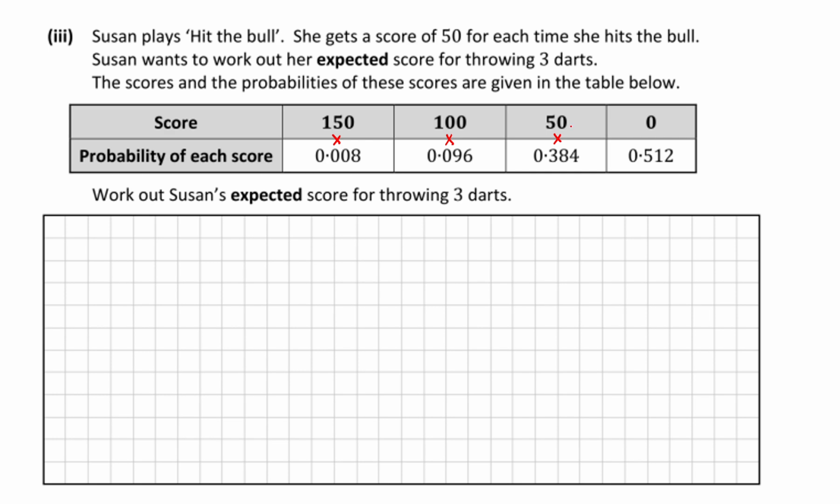That's quite high of getting a bull with 3 darts. She must be decent. I know that if I had 3 darts, mine would be lower than that. I'd be down at about 10%. And the chance of getting 0, she's a high chance of getting 0. So you multiply them all together individually, and then you add them together, and there's your expected value calculated.